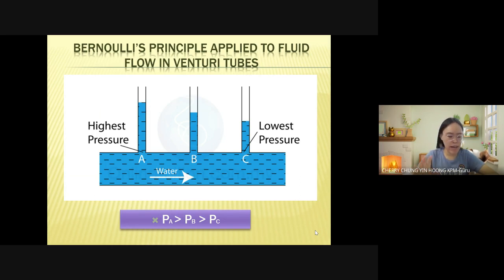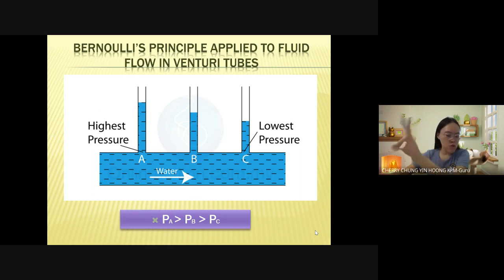Very good, higher kinetic energy. Why? Because it has a higher velocity.